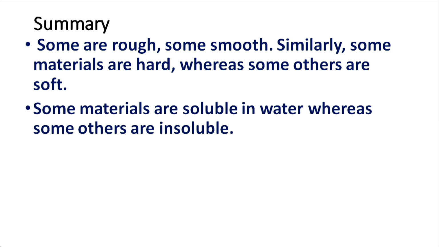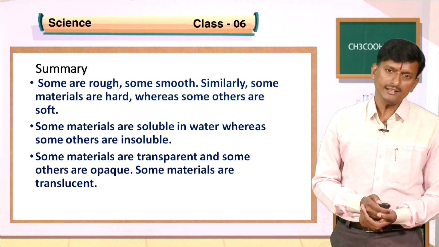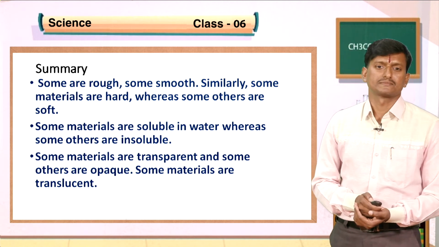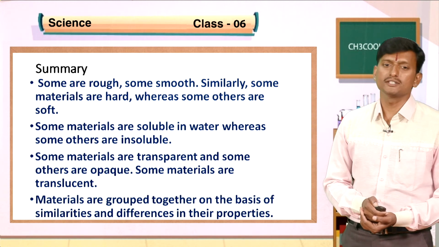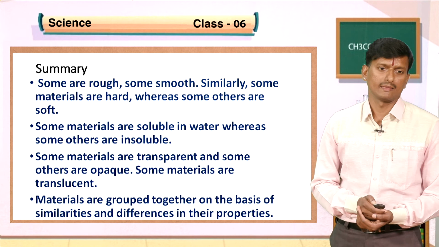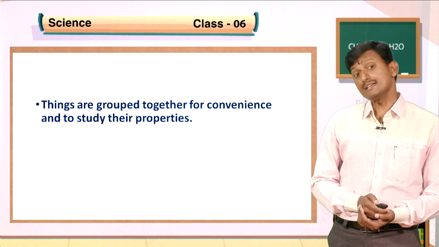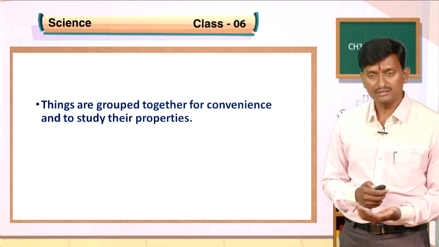Some materials are soluble in water, whereas some others are insoluble. Some materials are transparent and some others are opaque. Some materials are translucent. Materials are grouped together on the basis of similarities and differences in their properties. Things are grouped together for convenience and to study their properties, which we read in this lesson.